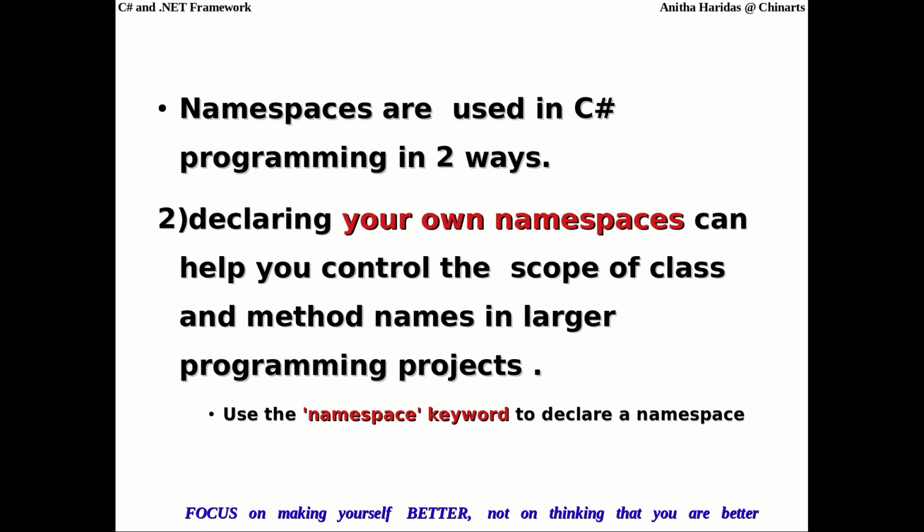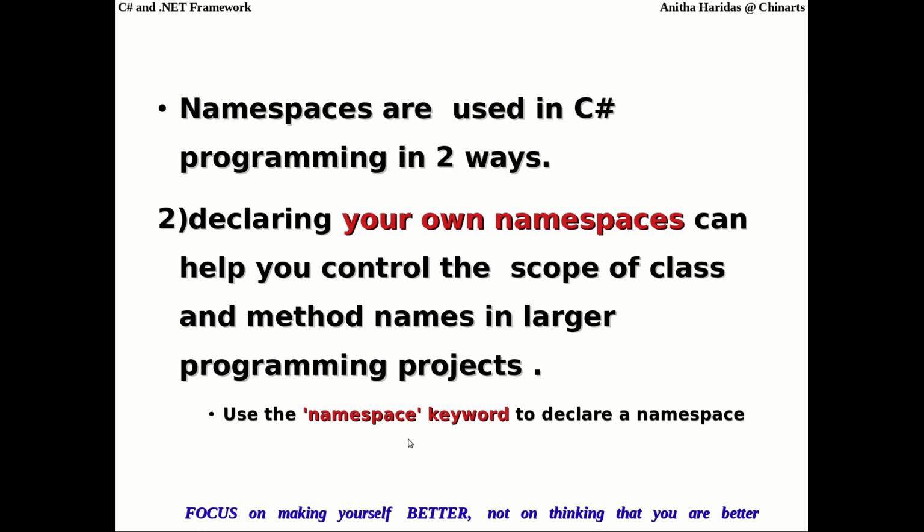Then these groupings can be given a namespace name so that you get a collection of related classes for your program. That is the advantage of having your own namespace in your program.